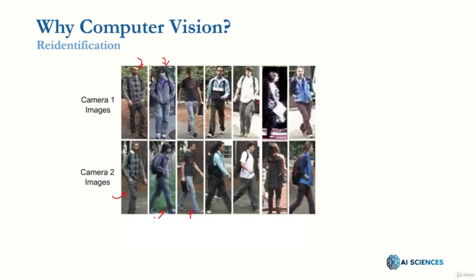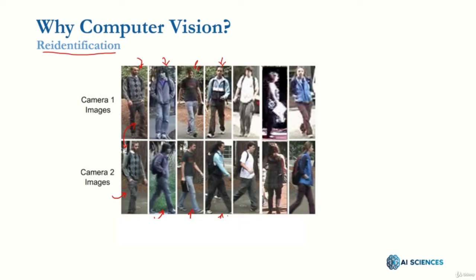Similarly for this person and for that person. And look for this person and the same person in another camera. So the goal of re-identification is, if a person is viewed in one camera and the same person is there in some other camera, we want to link that this person is exactly this particular person.